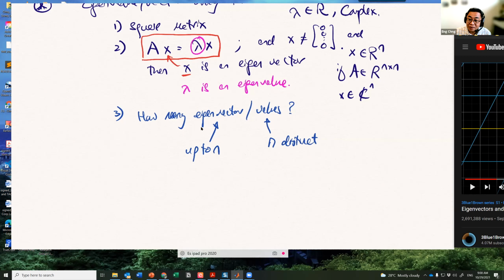Okay, so that's very strange. I mean, for the real case, for the real vector space, meaning that we are considering only X belonging to R.